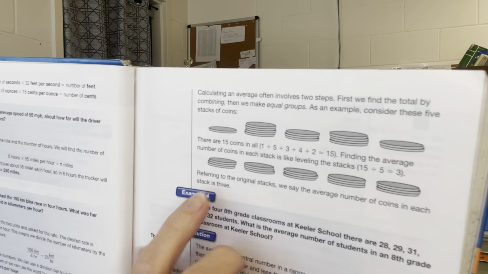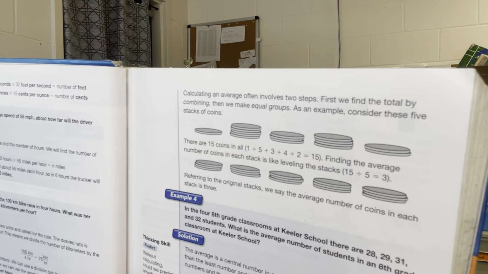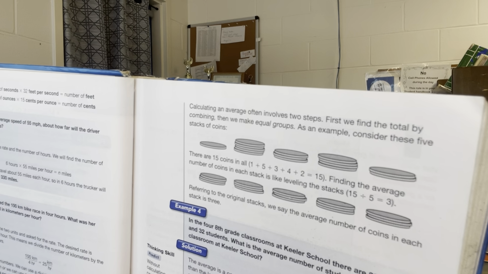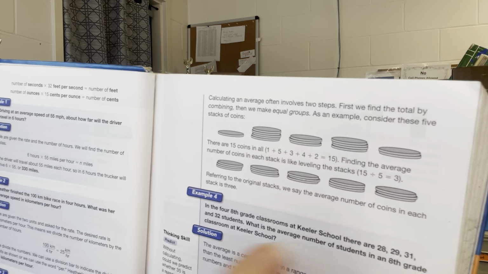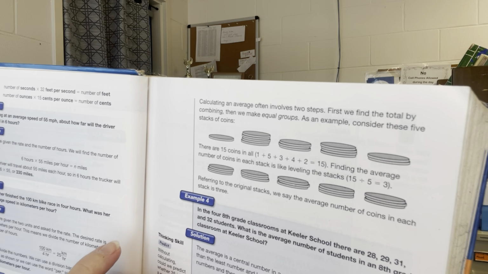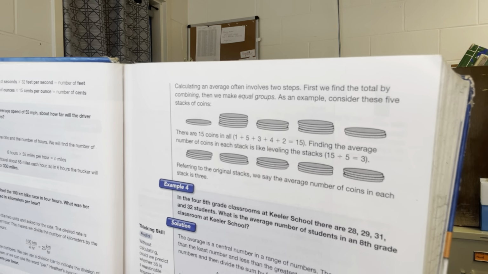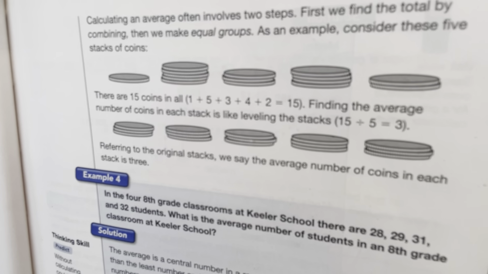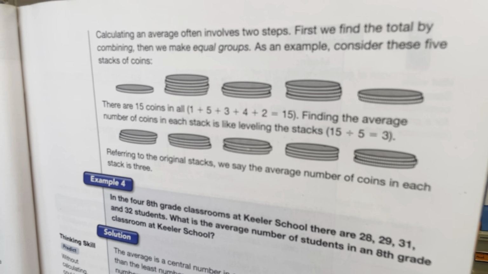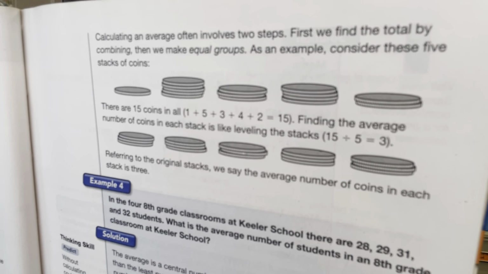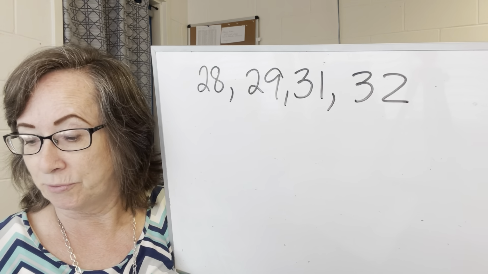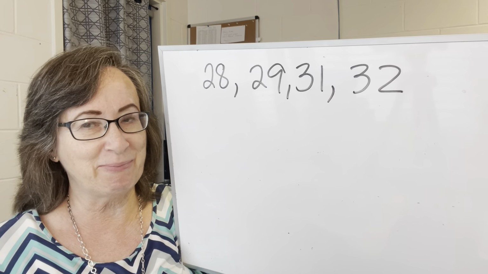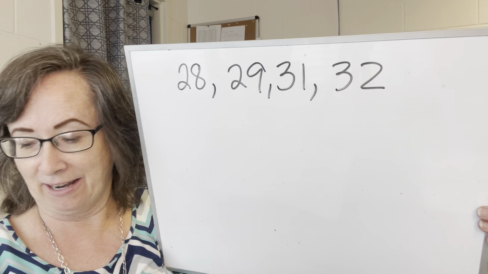An average would be if we leveled all of those stacks and said, okay, I'm going to divide the 15 coins into the 5 stacks evenly, and then we would see that we would have 3 coins in each stack. So we would say there's an average of 3 coins in each stack. Pretty cool, huh?